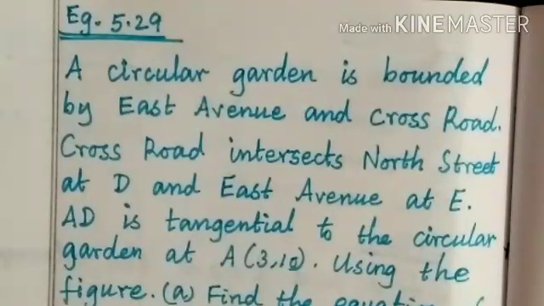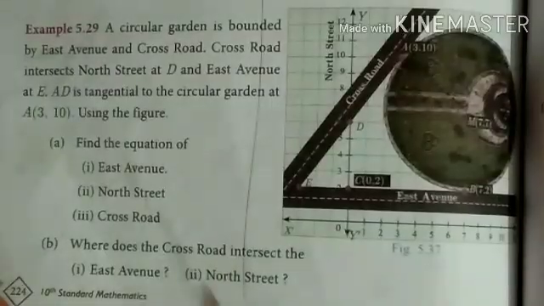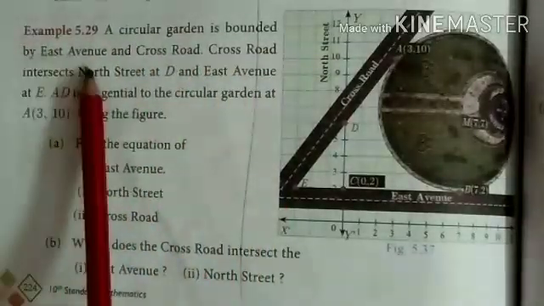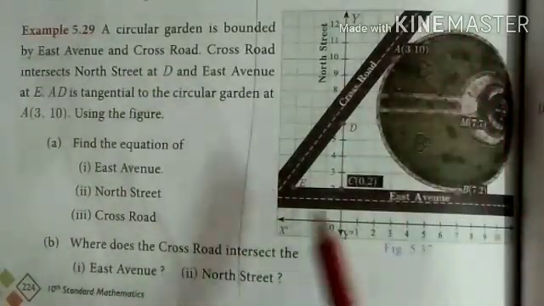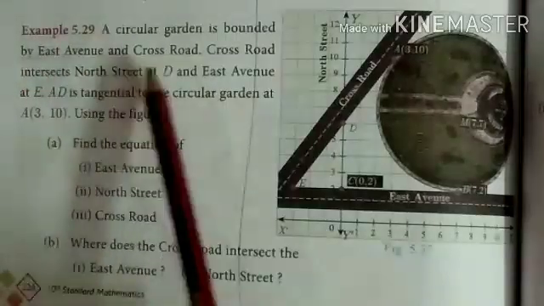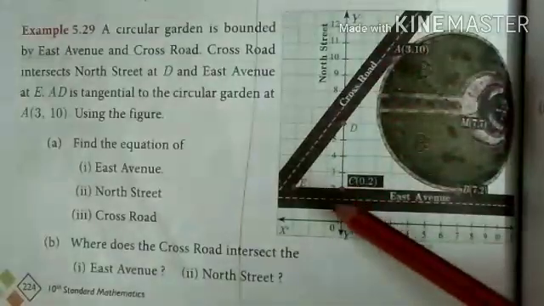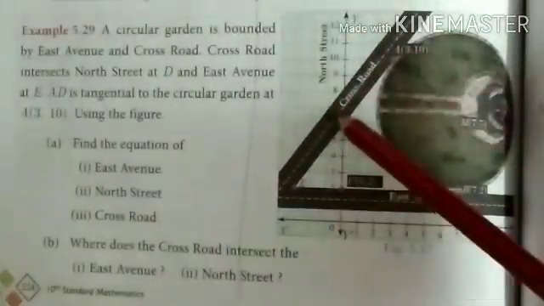Now we move on to the next example, 5.29. See this question. A circular garden is bounded by East Avenue and Cross Road. This is the circular garden bounded by East Avenue and Cross Road. Cross Road intersects North Street at D. This is North Street.